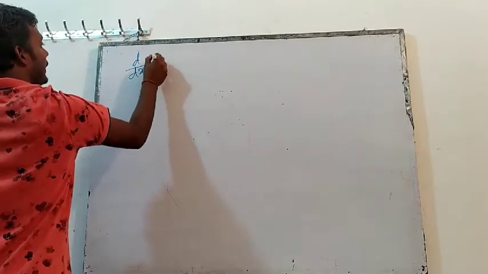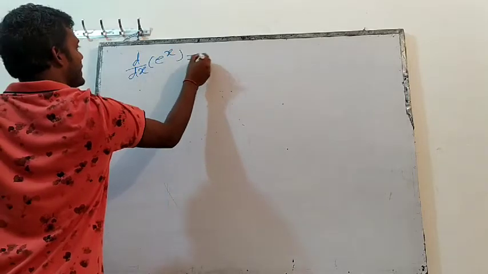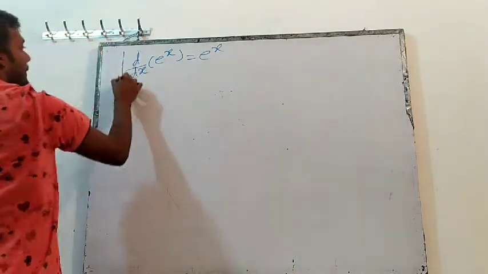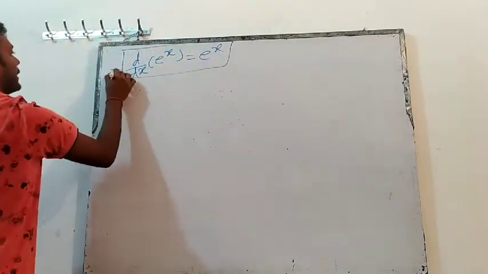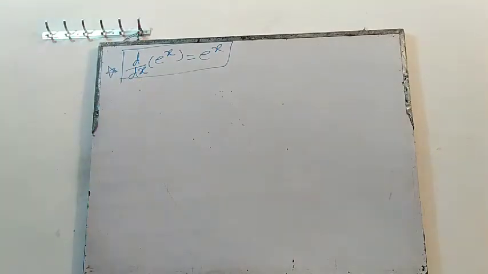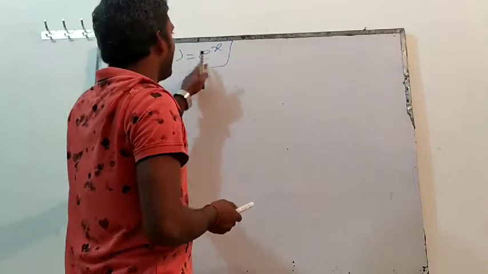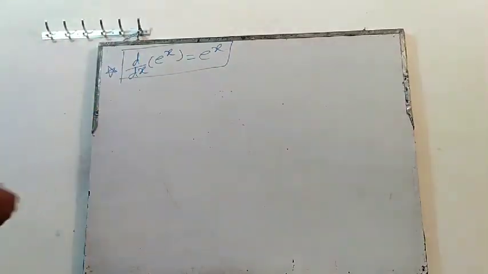Differentiation of e to the power x is equal to e to the power x. This formula you have to memorize. If you have to differentiate e to the power x, it will be e to the power x, so it remains the same.